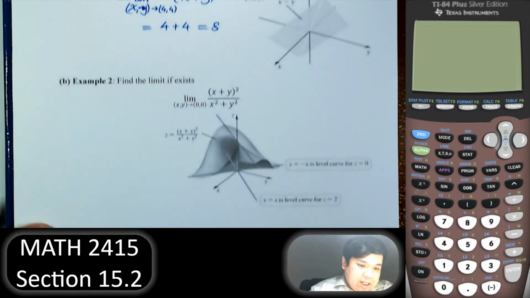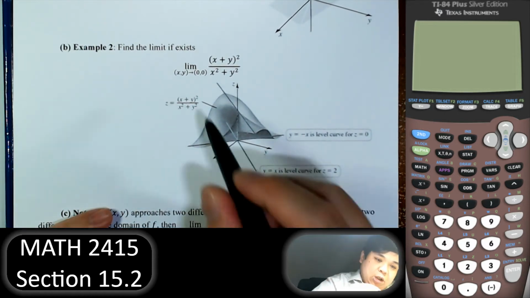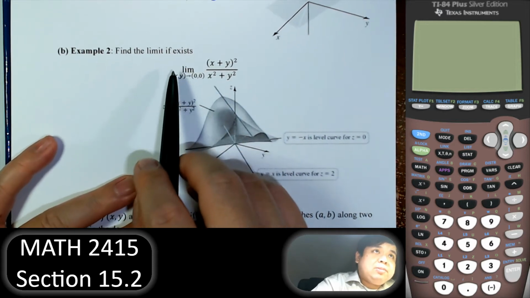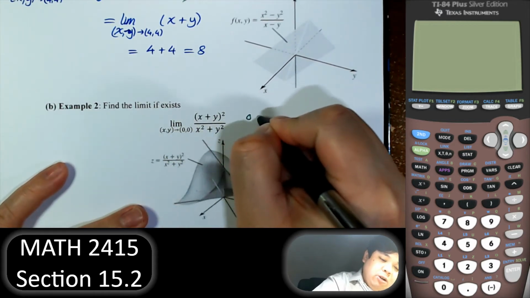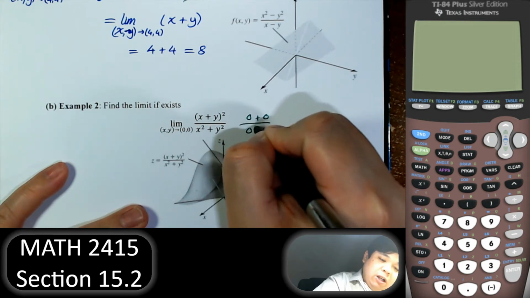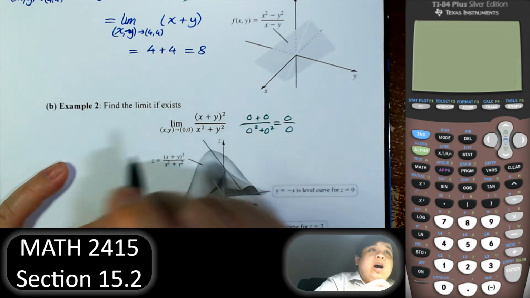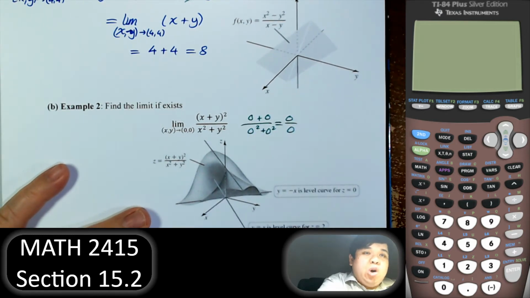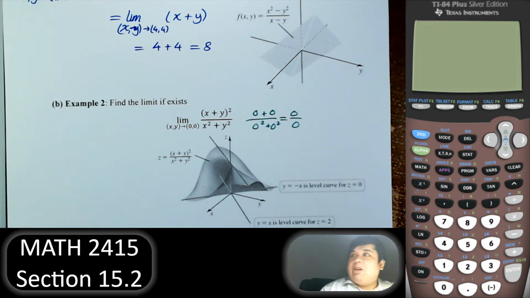Right, now let's look at something more interesting. Find the limit as x, y go to 0, 0. So I put 0, 0 in for x and y, and we have 0 over 0. Once again indeterminate, but no L'Hopital rule. So we have to do something clever.